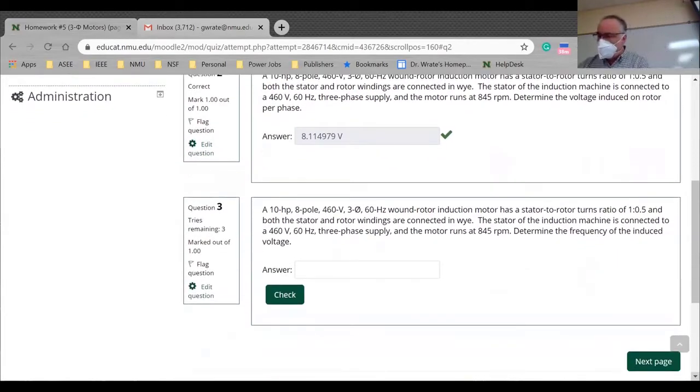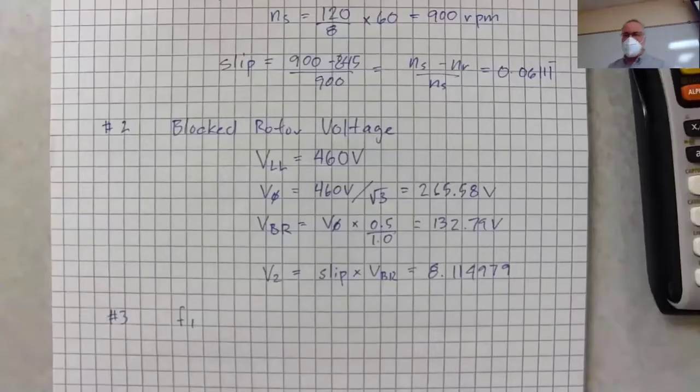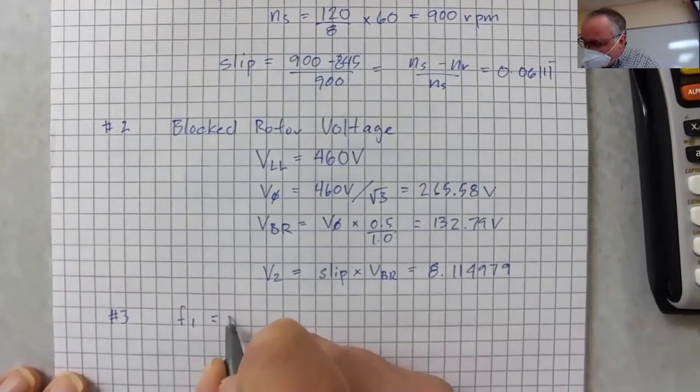And so that was number 2. Number 3, we needed to know what the induced frequency is. So the frequency on 1, oh, gotta switch over. So the frequency on 1 is 60 hertz.